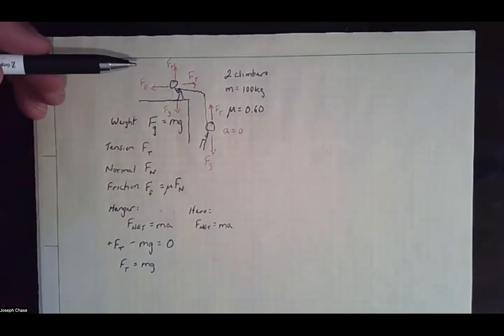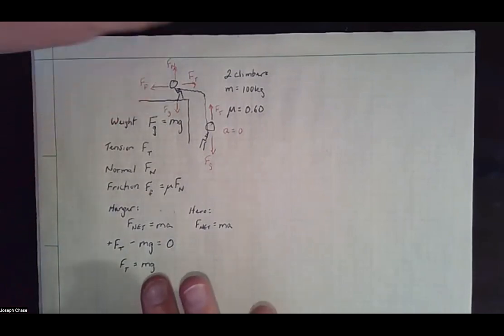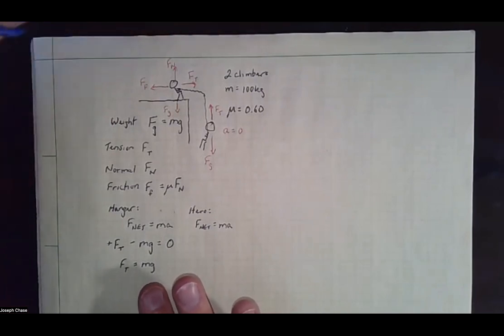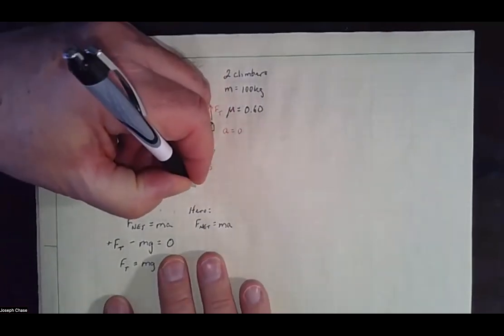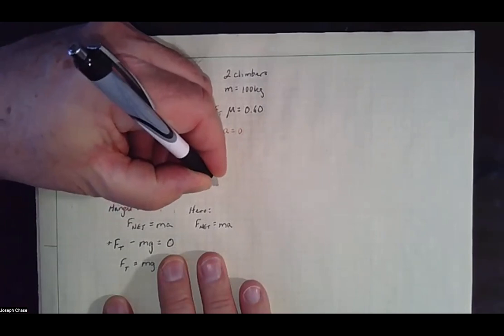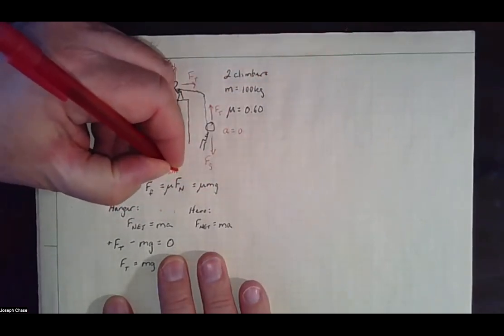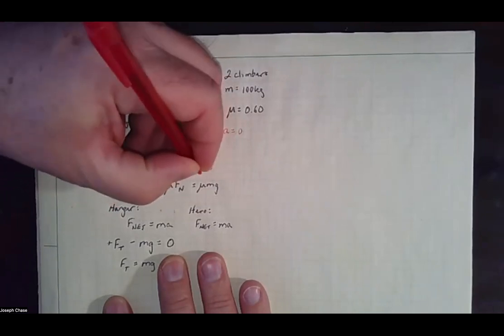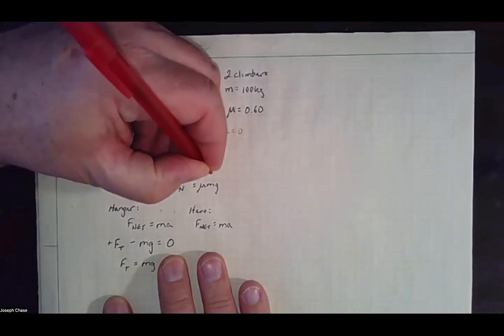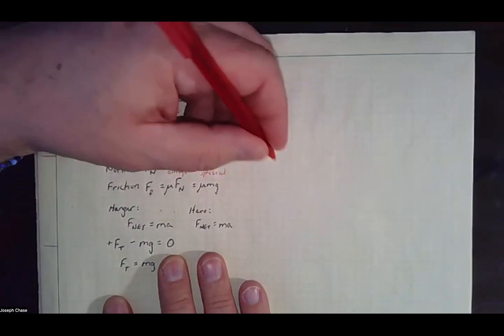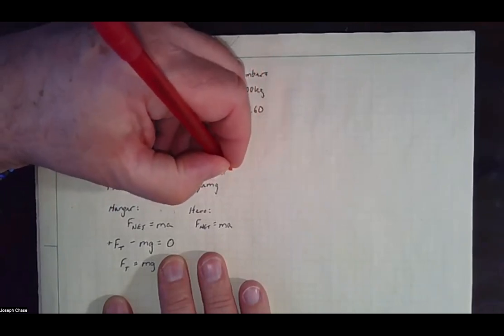And so for the special case of being on a horizontal surface, we can actually write the force of friction as coefficient of friction times mass times gravity. So this isn't always true, and this is a special case because it's horizontal.